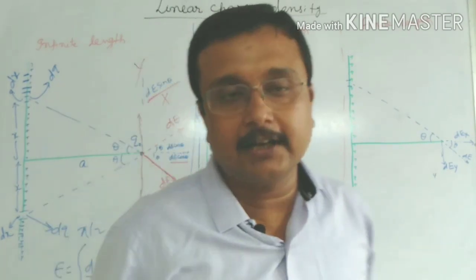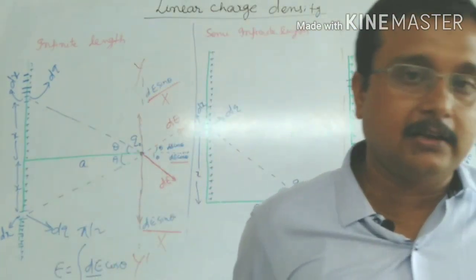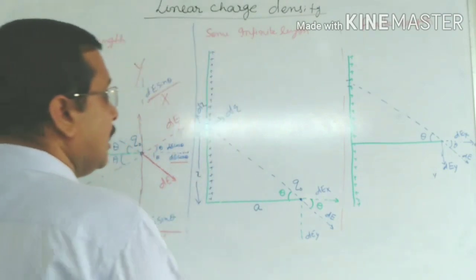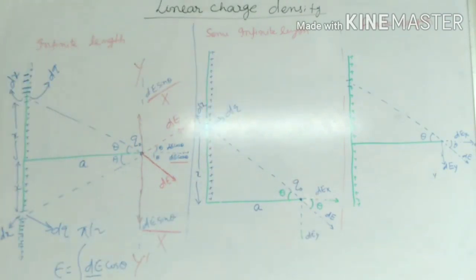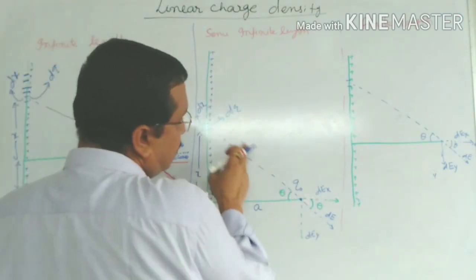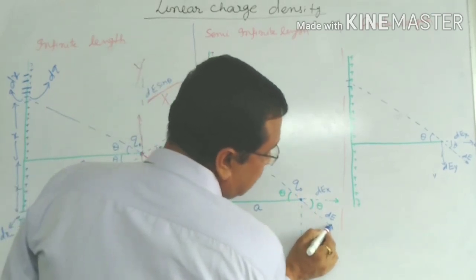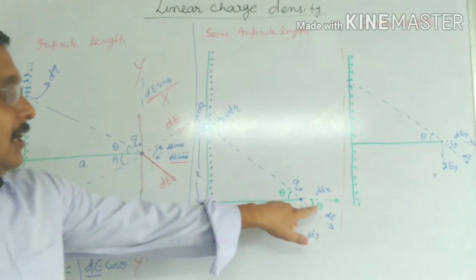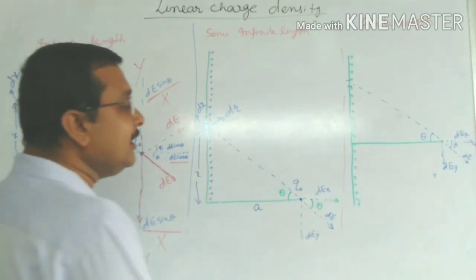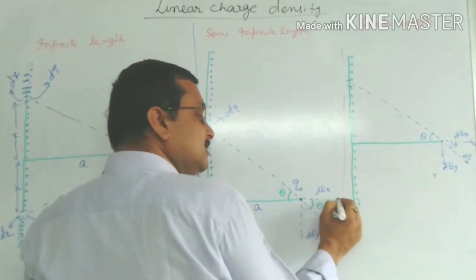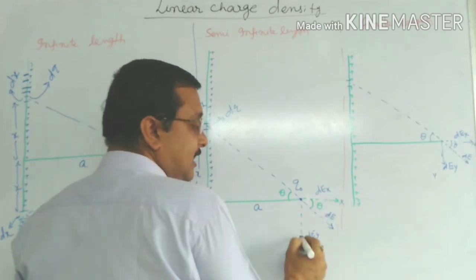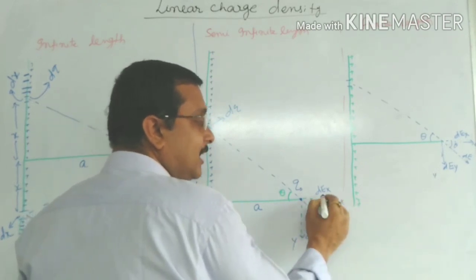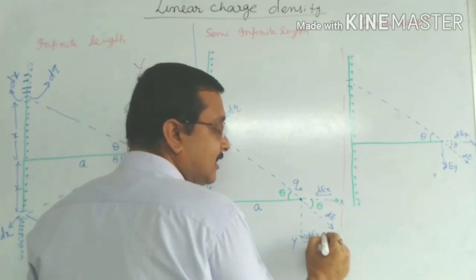For calculating the electric field, we always place a positive test charge only, at the point where we have to calculate the electric field. So definitely this is positive, so it will repel in that particular direction. Suppose this angle is theta, then this angle is also theta, and in the x direction it has x component dEx and here dEy.